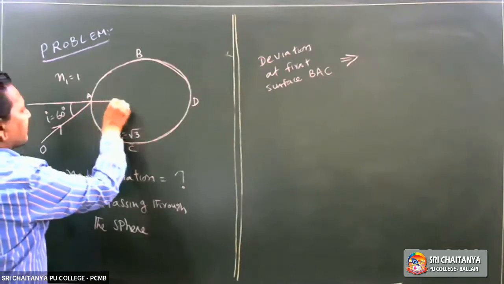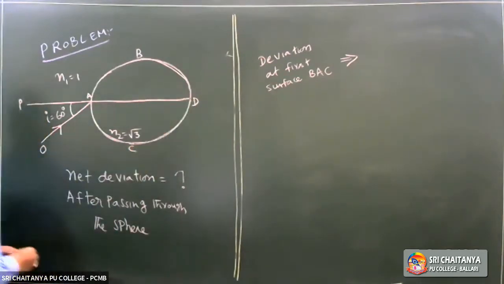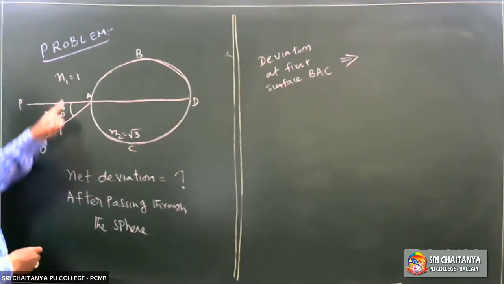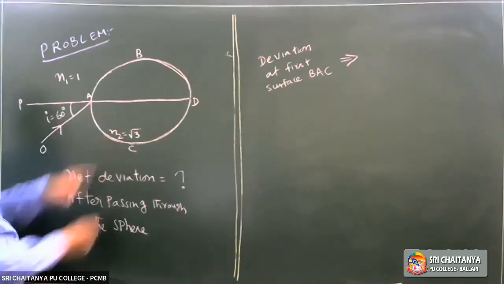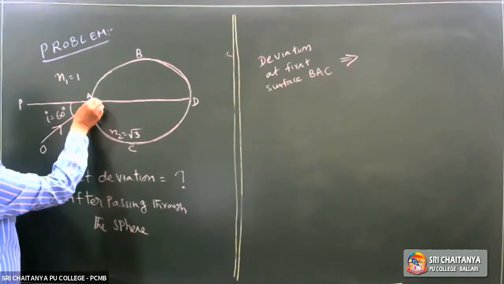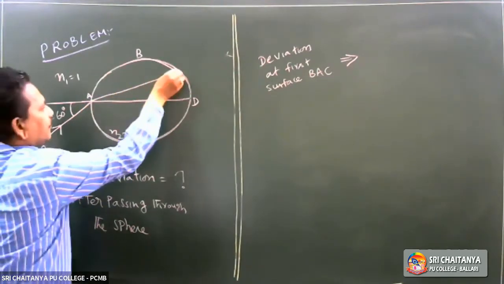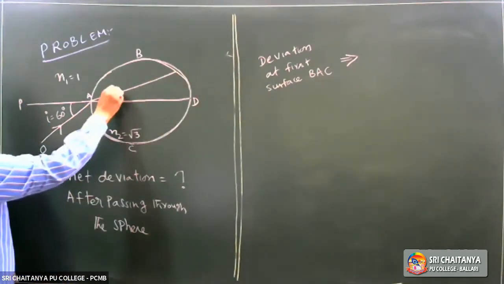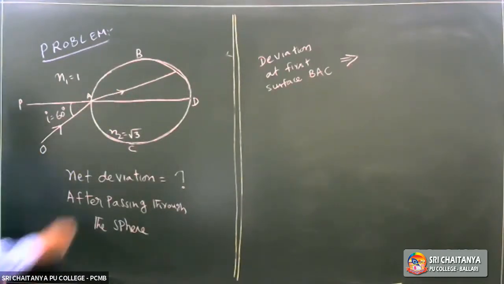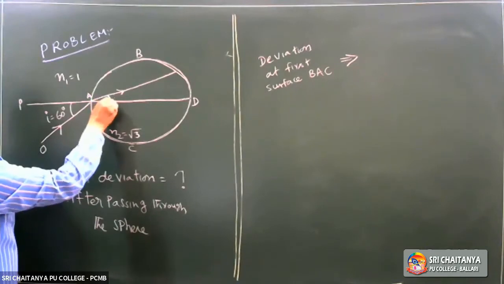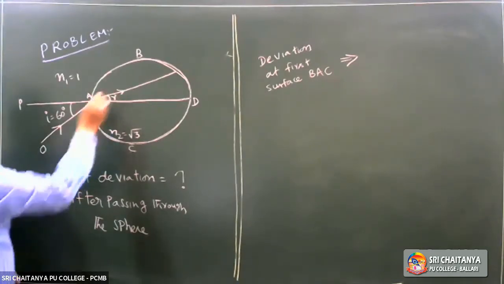This is the normal. The light ray is traveling from rarer medium to denser medium, bends towards normal. This is the refracted ray. This is the refracting angle, R. We have to find that one.